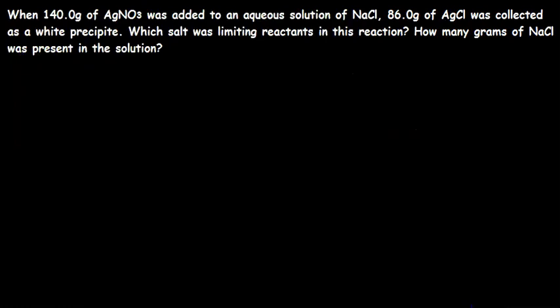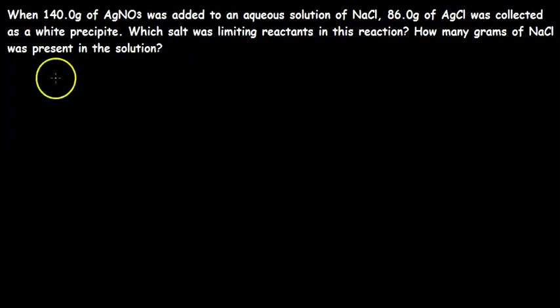First, the reaction equation: if we react silver nitrate, which is AgNO3, and sodium chloride, NaCl, we are going to have silver chloride and sodium nitrate. Let's see the reaction.